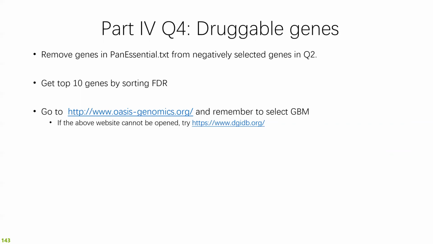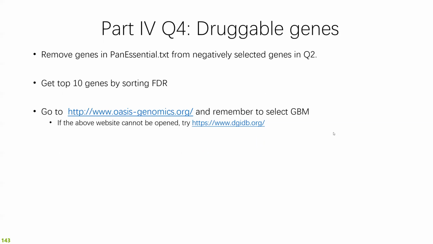But when I tested homework 6, it seems that we cannot open this website for some unknown reason. So I found another website for you to try. With a similar idea, you should go to that website and input the genes.